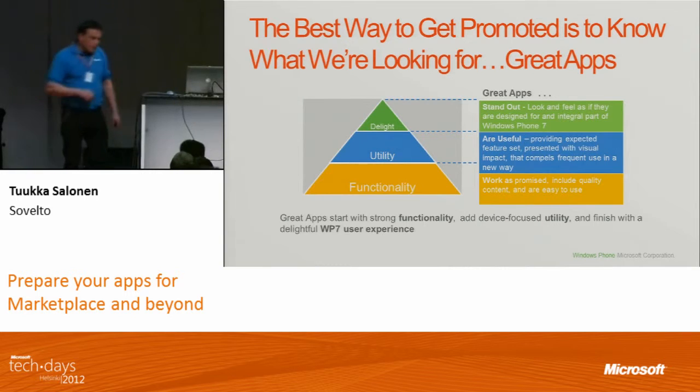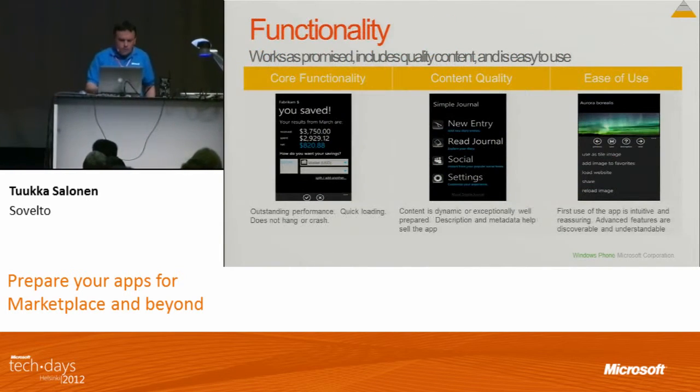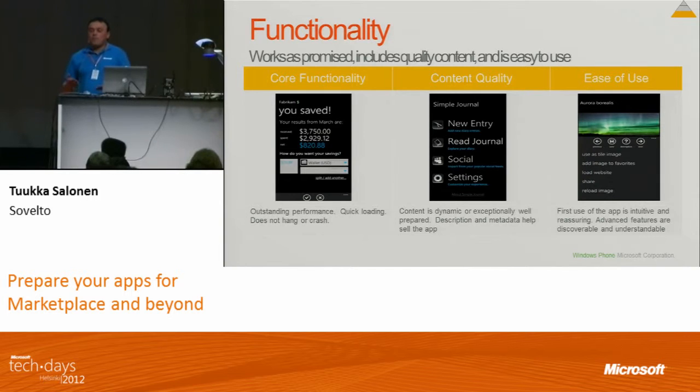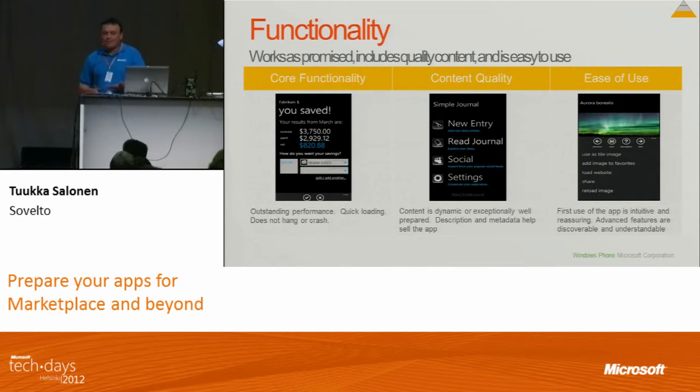Let's have a little dive into these things. First, let's start from the functionality. So, the basics first. It has to be fast. It doesn't crash. It's responsive. It does what it says it does.